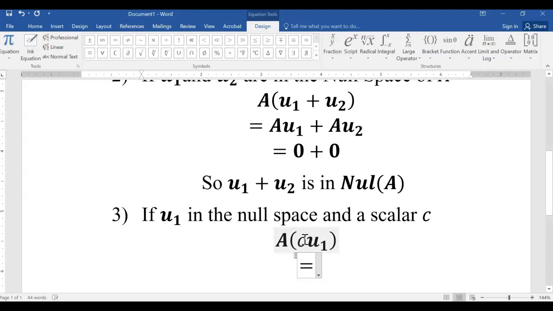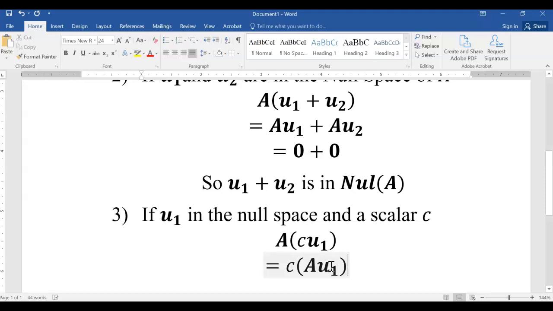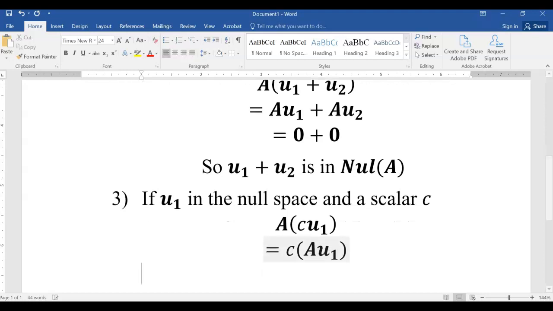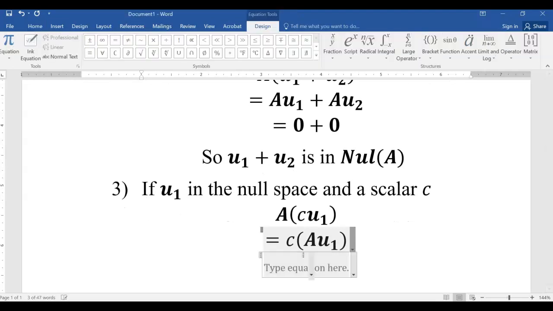Well, the way we do that is we just utilize one of the facts about scalar multiplication in that you can pull the scalar out front. Of all of this, we can pull the scalar out. Since U1 is in the null space, A times U1 is equal to the 0 vector.